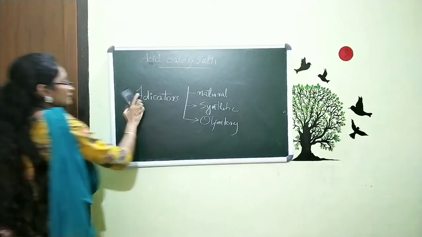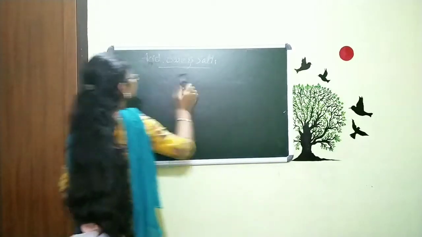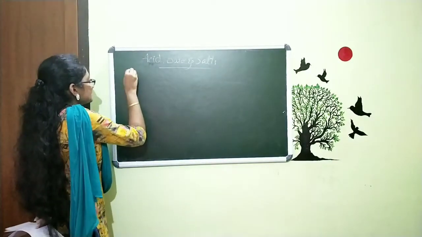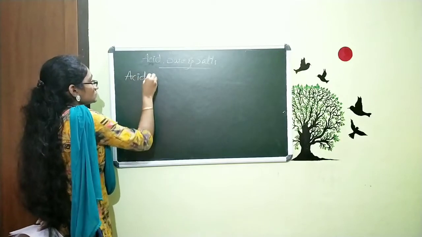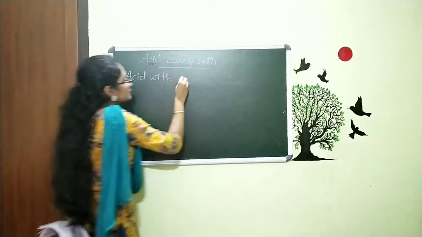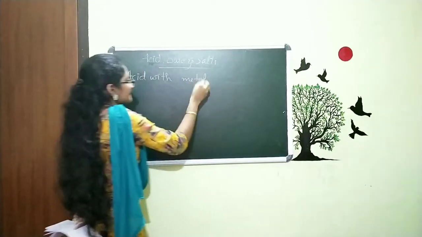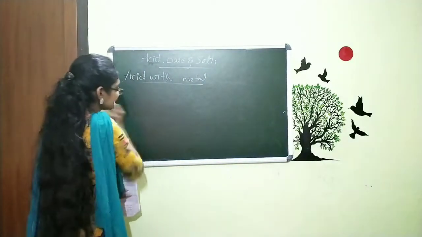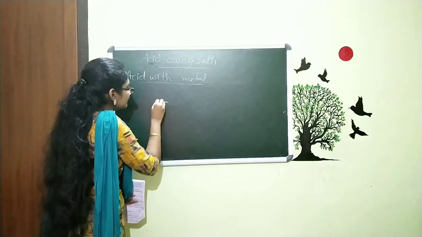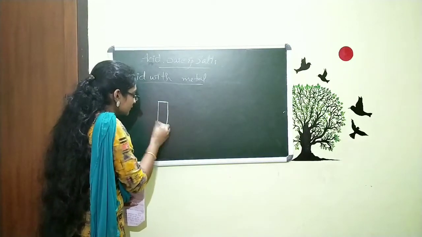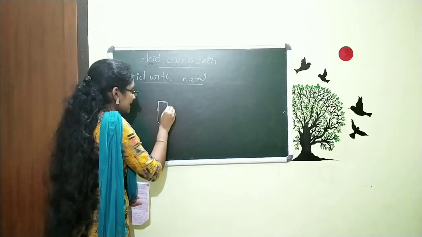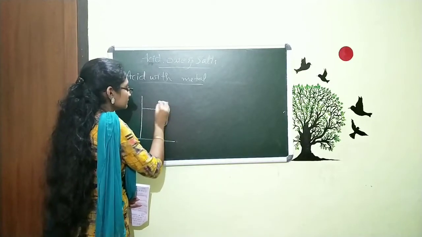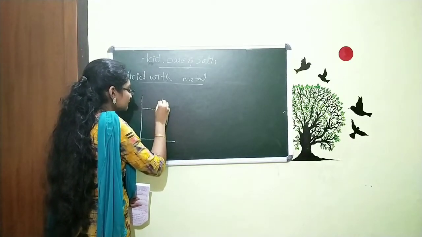The first topic today we are going to learn is the reaction of acid with metal. For this, we want one experimental setup. I am clamping one test tube on a stand and connecting one tube here.